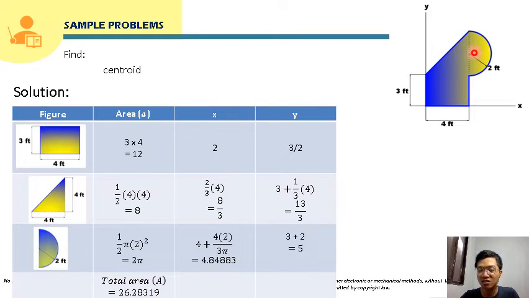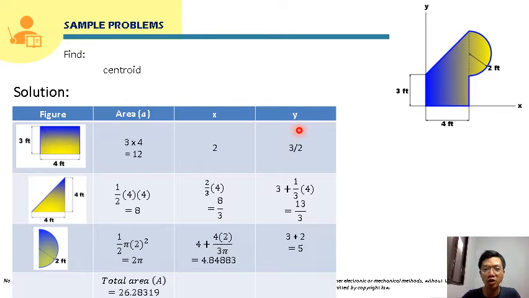This distance, from the established centroid of a semicircle, is 4r over 3 pi. So that will be 4 plus 4r over 3 pi, where our radius is 2 feet. So this will be 4 plus 4 times 2 over 3 pi, which is 4.84883. That will be the x-coordinate of the centroid of the semicircle.